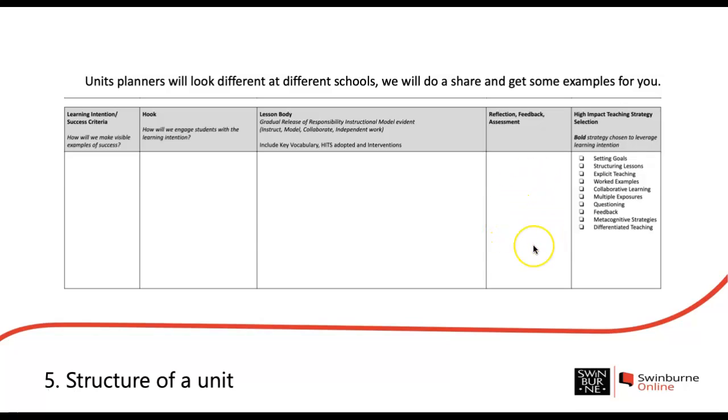Having multiple exposures to the same sort of content. Just a bit of a tip. I know that this has gone a little bit over time, but you don't want to get to lesson 5 and have the kids writing for the first time. I found that was really interesting last time when I went to mark assignments.